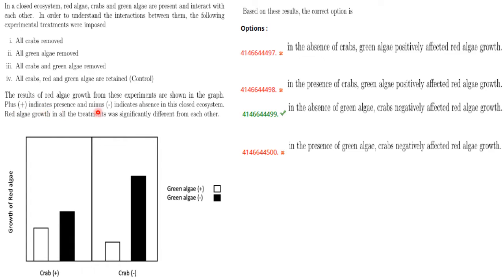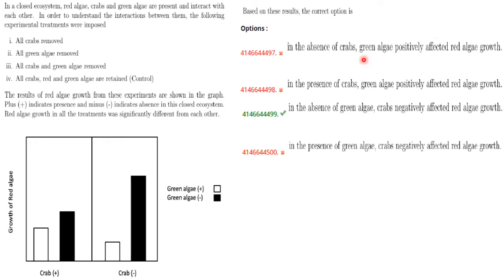Plus indicates presence and minus indicates absence in this closed ecosystem. Red algal growth in all the treatments was significantly different from each other. So this is with crabs, this is without crabs, this represents green algae present, this is green algae absent. Similarly here also, green algae present, green algae absent, and this is the growth for red algae.